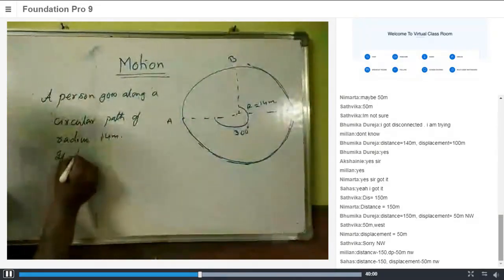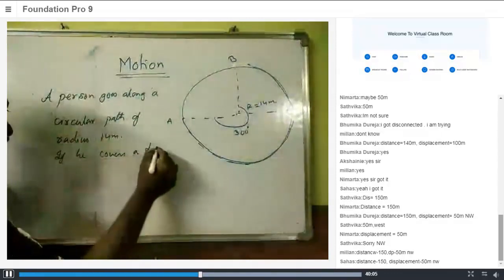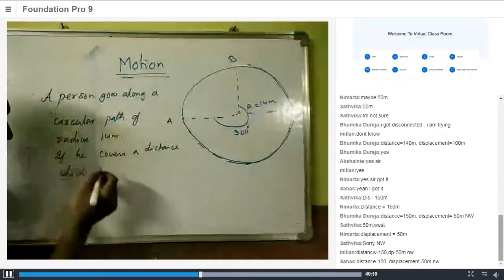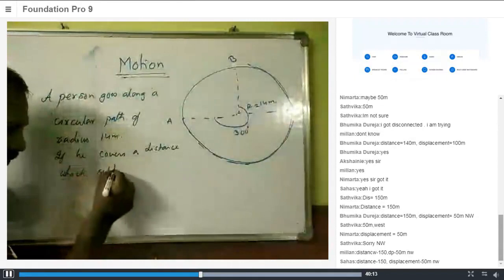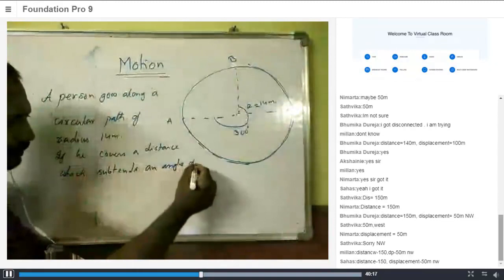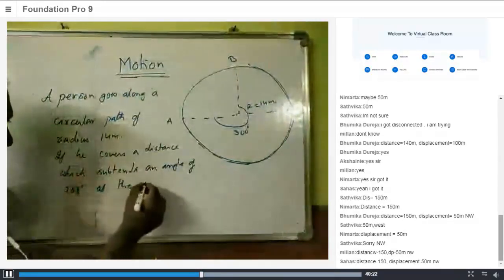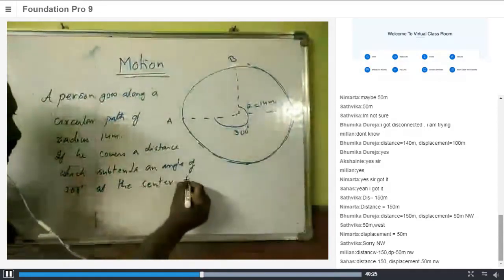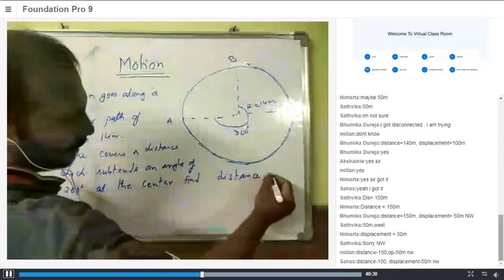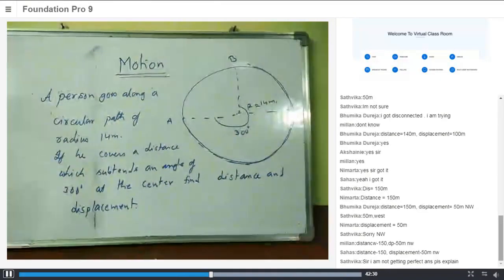If he covers a distance which subtends an angle of 300 degrees at the center, find the distance and displacement. So you're required to find distance and displacement.